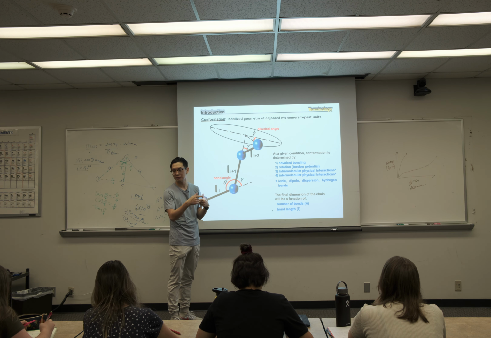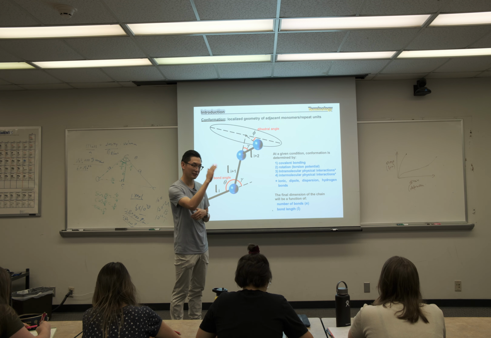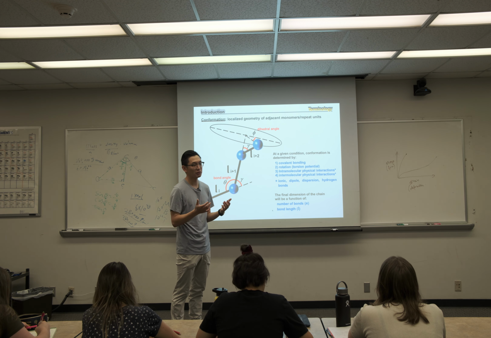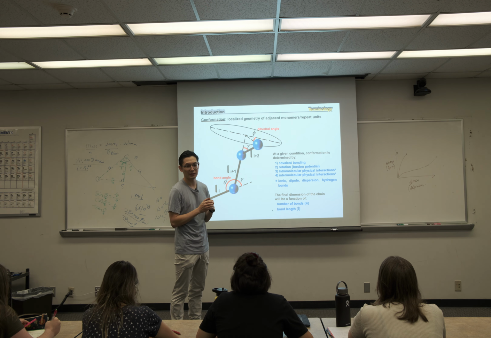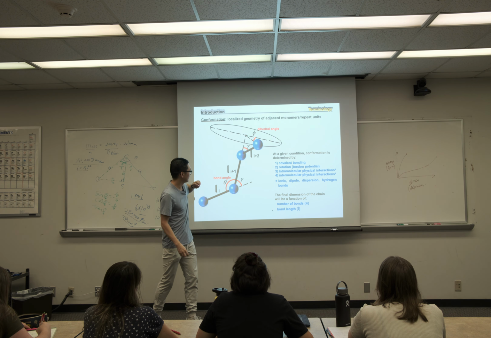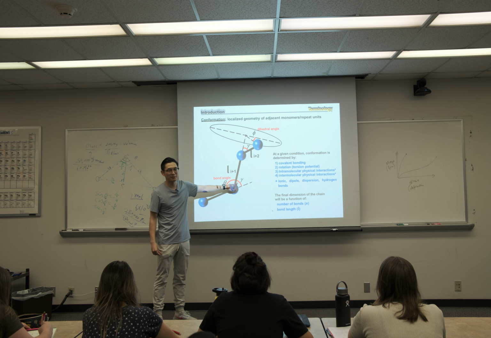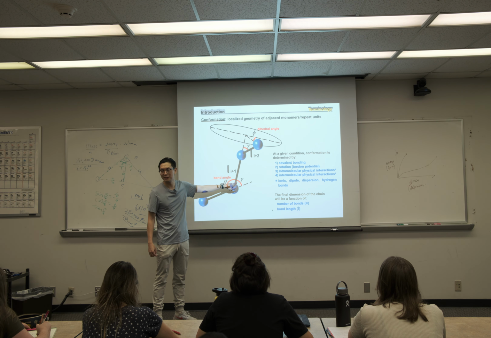So you can rotate around, but you can't bend back and forth. That's more realistic because a lot of polymers have a fixed bond angle. Polyethylene has 109 degrees for theta, and there was some interchangeable use of theta and gamma, so pay a little attention to that.